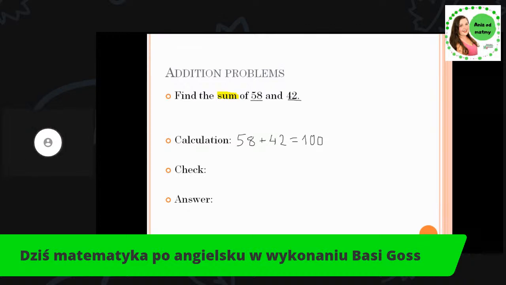And the check for this calculation is 100 minus 42 equals 58.